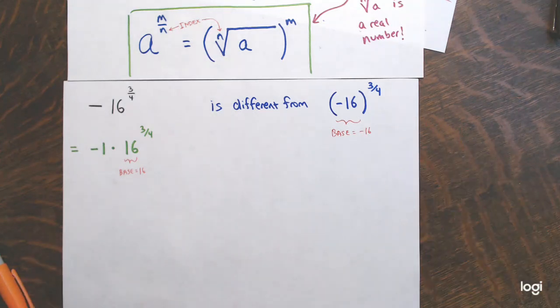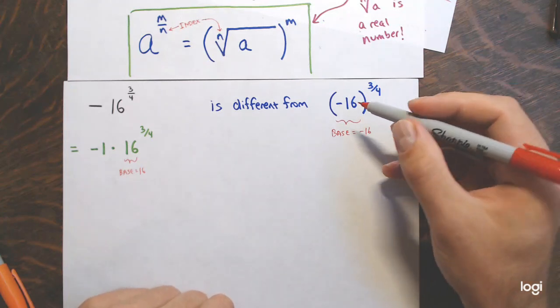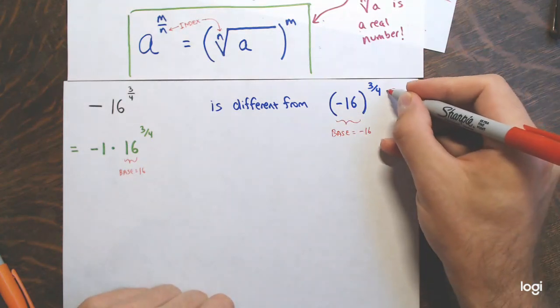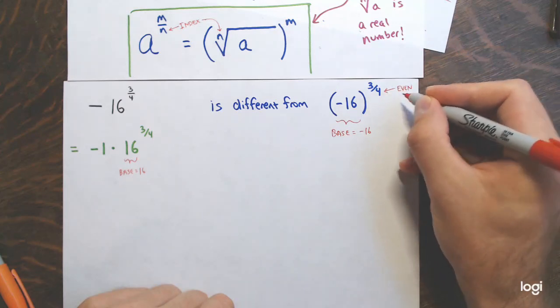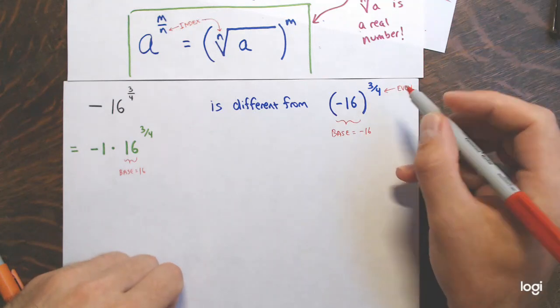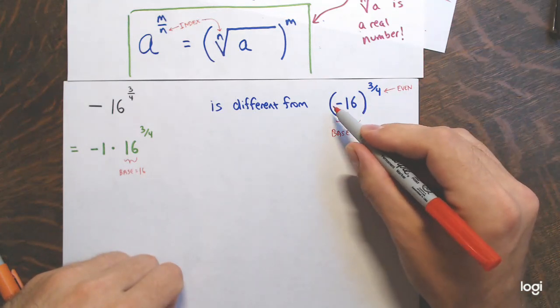All right. So if you look further at this one over on the right side here, this negative 16 in parentheses to the 3/4 power, see the denominator is even, right? So I'd be taking a 4th root. That's going to be the index of the radical, index of the root. So I'll be taking a 4th root, and the base is negative.